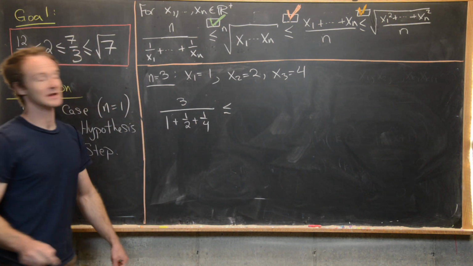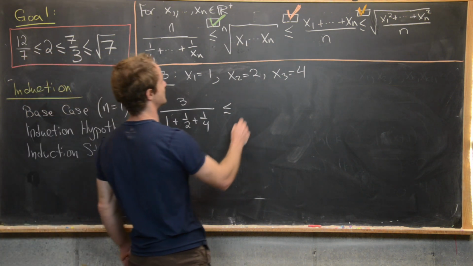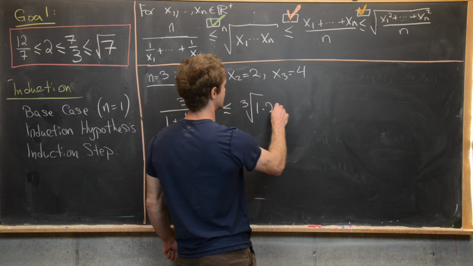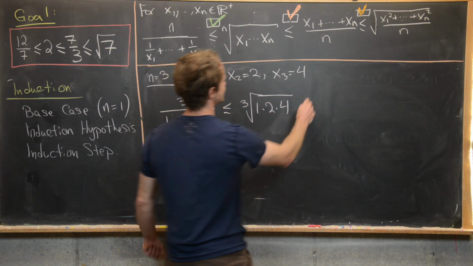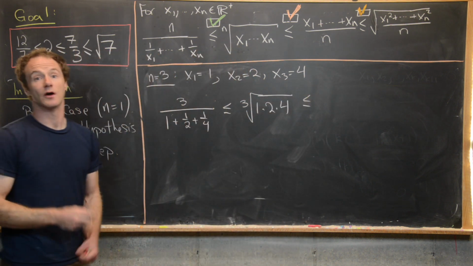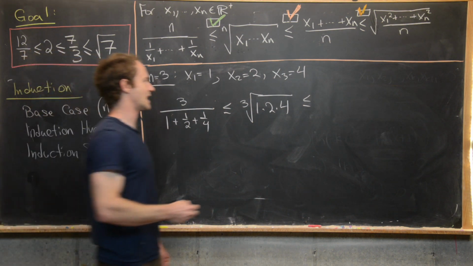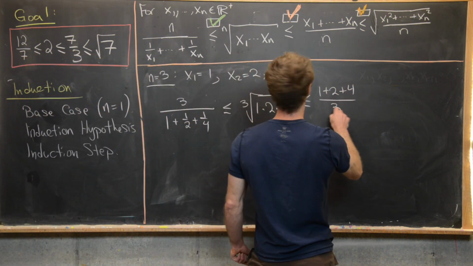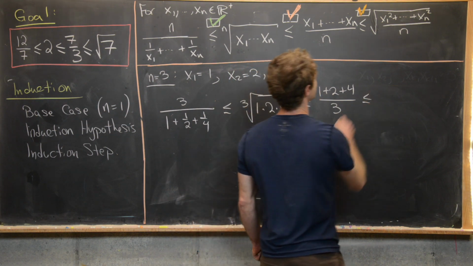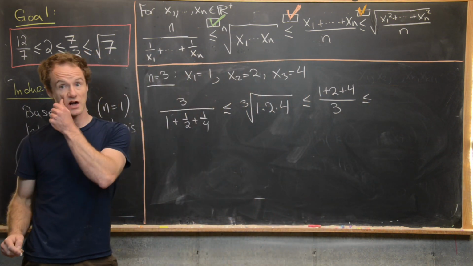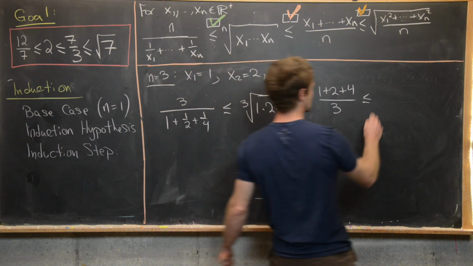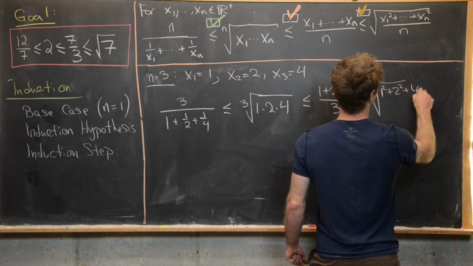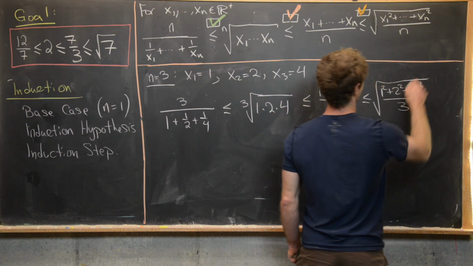But that needs to be less than or equal to the geometric mean, which is the cube root of 1 times 2 times 4, which is going to be less than or equal to the regular mean or the arithmetic mean of those numbers. So that's 1 plus 2 plus 4 over 3, which is going to be less than or equal to the quadratic mean of all of those numbers, which is the square root of 1 squared plus 2 squared plus 4 squared all over 3.